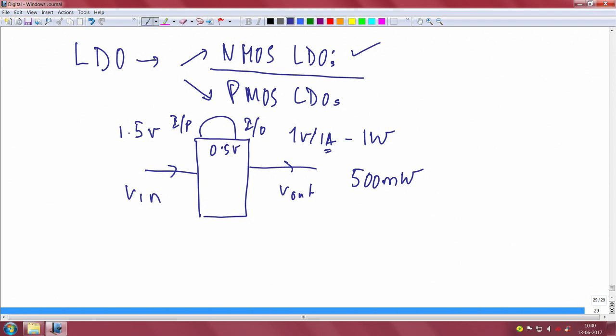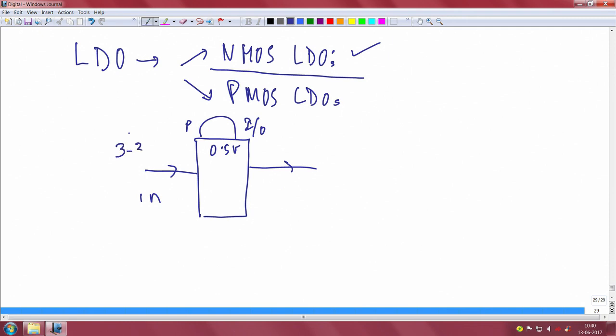PMOS, on the other hand, is perhaps not with this kind of input voltage range, but it could be much higher. You can have, let us say, 3 to 36 volts as an input, and the output is also configurable. Let us say you can configure it to 12 volts and so on.